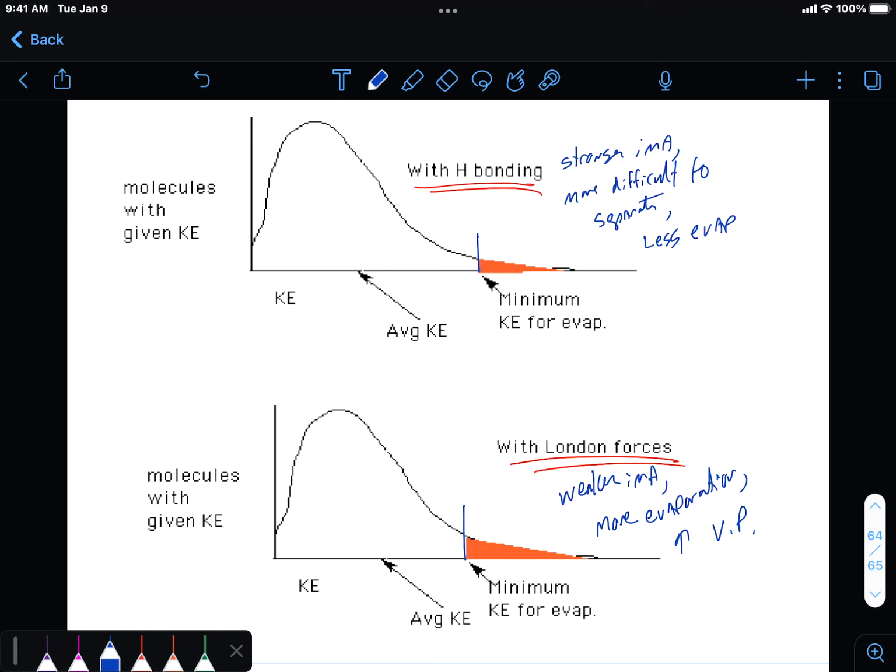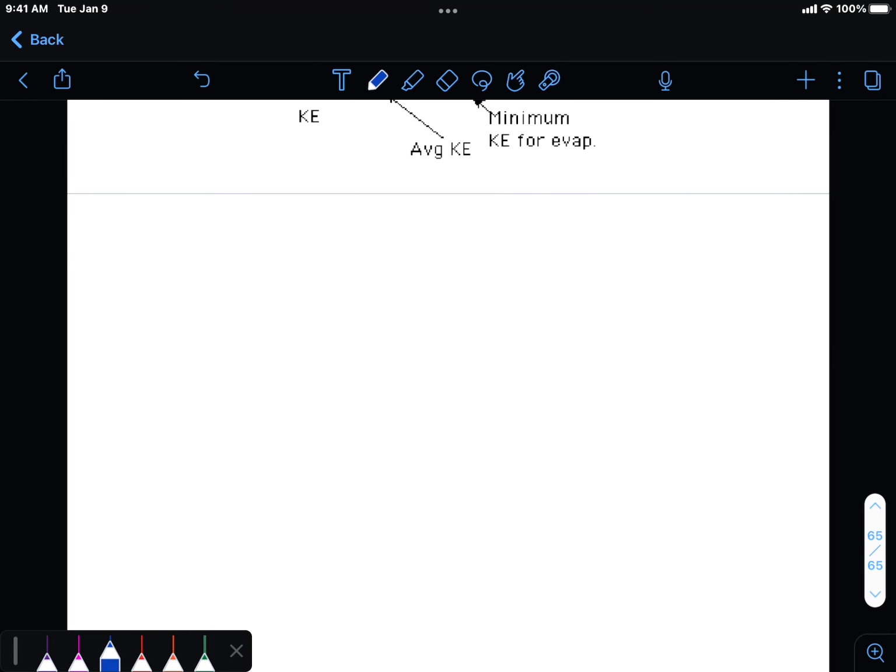Okay, so let's bring this full circle now. I'm going to give you a couple of formulas, and I'm going to ask you some questions about them. I want you to see if you can answer them now based on what we just talked about.